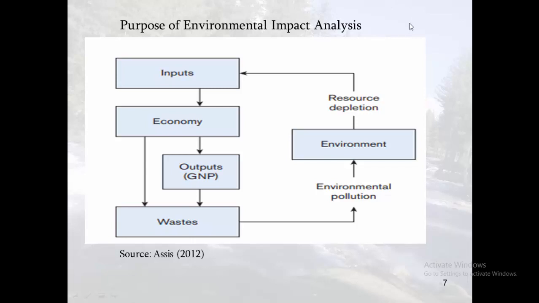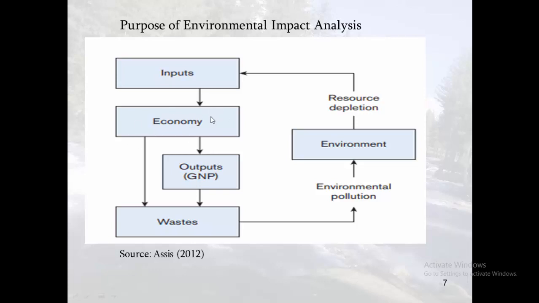A question arises: why do we conduct the environmental impact analysis? We know that within the economy there are different economic activities, and when these economic activities are carried out, the result is the output in the form of the GNP.